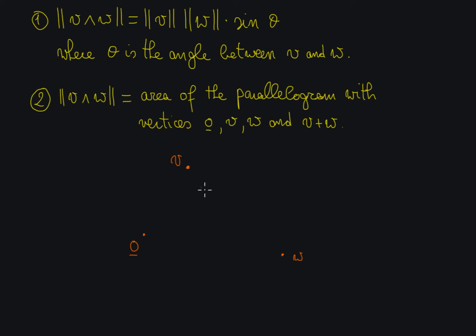So we have v here, w here, and then we have to consider the parallelogram generated by these three points, which means to complete it with v plus w and considering that parallelogram.